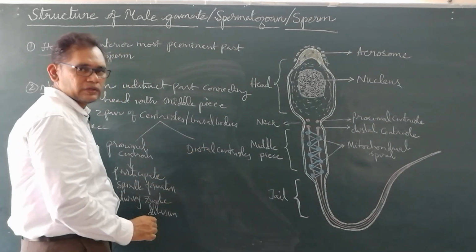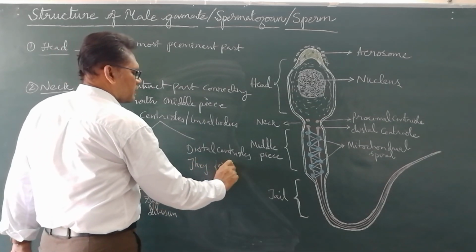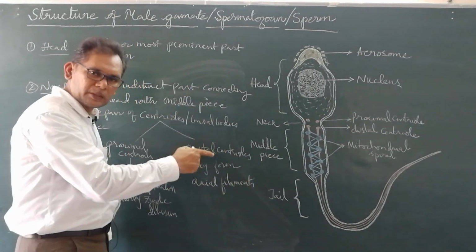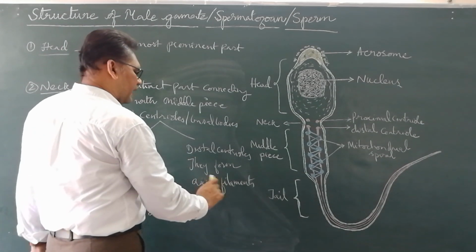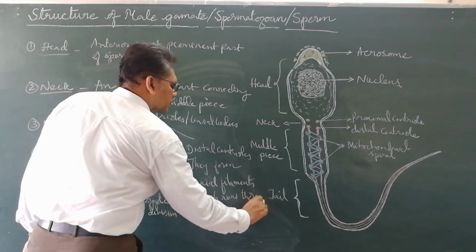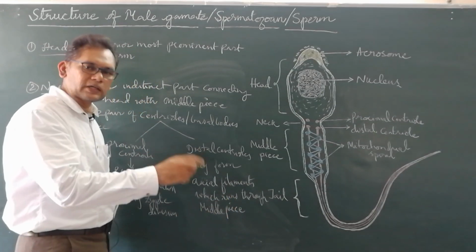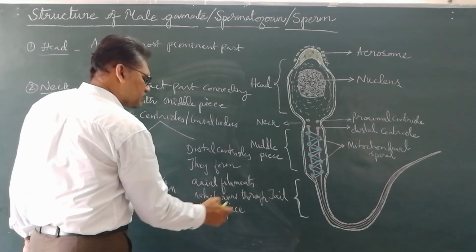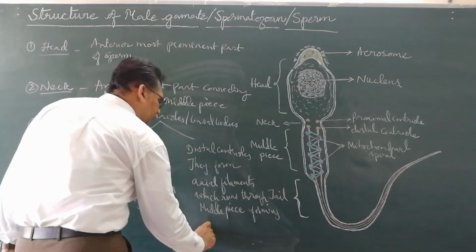Distal centrioles form axial filaments which run through the middle piece and enter into the tail to form the tail. This is the middle piece, forming the flagella of the tail.